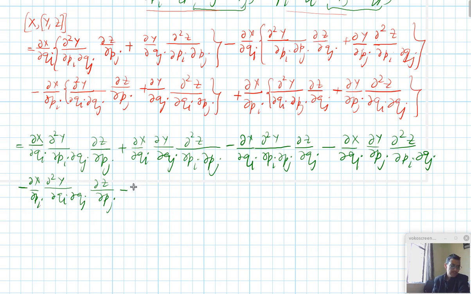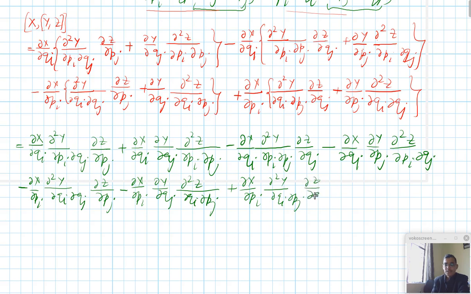So it's again ∂x/∂p_i ∂y/∂q_j ∂²z/∂q_i∂p_j, then plus ∂x/∂p_i ∂²y/∂q_i∂p_j ∂z/∂q_i plus ∂x/∂p_i ∂y/∂p_j ∂²z/∂q_i∂q_j. So that's what I got here.